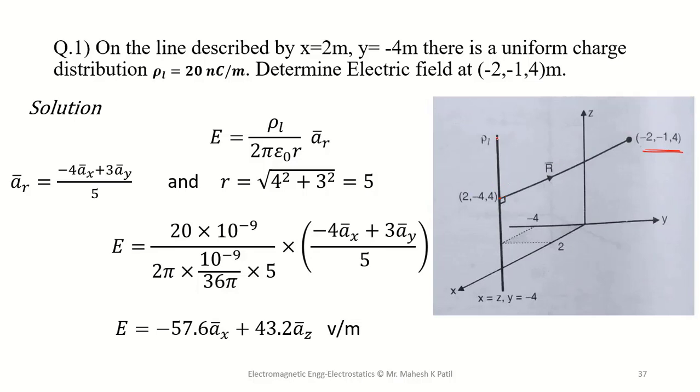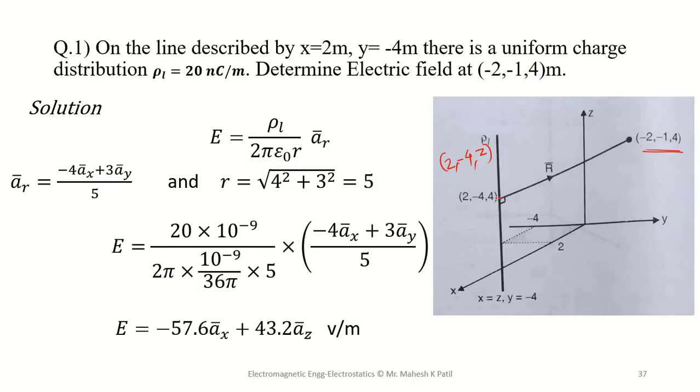Now every point on this line is going to have the coordinates 2, minus 4, and the z value is going to vary continuously. So how do we find the z value for this point? What is the z value given here? The same z value will be here.